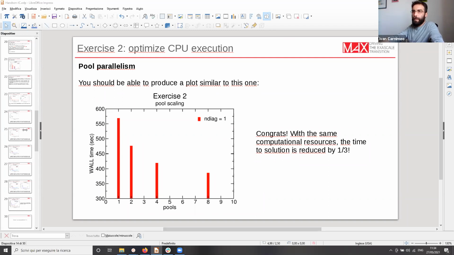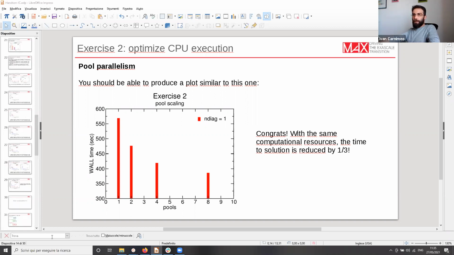Okay, so we now have 5 people who accomplished the exercise. I think you are still waiting for calculations.